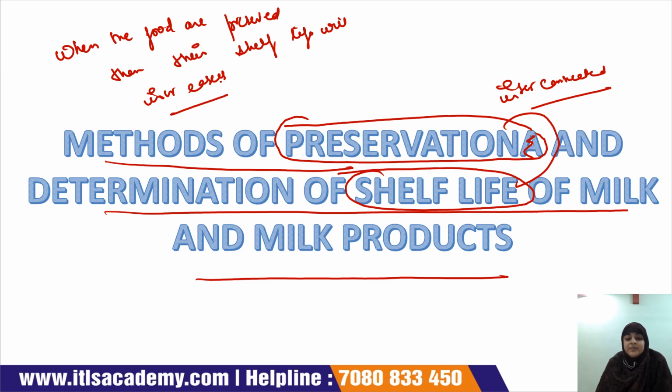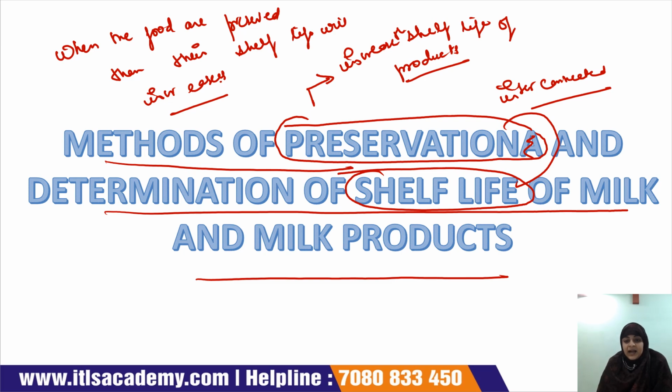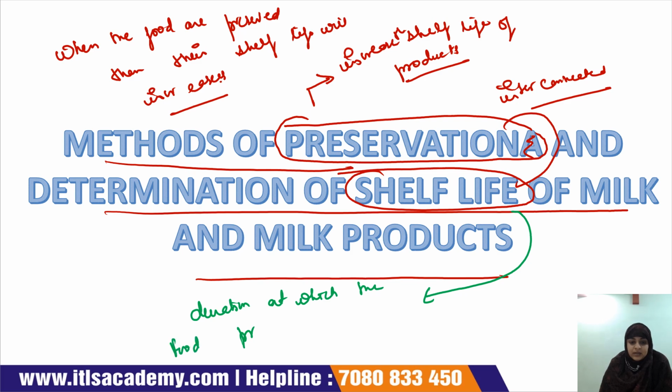Preservation simply means increasing the shelf life of the product. Now, what does shelf life mean? Shelf life simply means the duration for which the food product can be consumed.